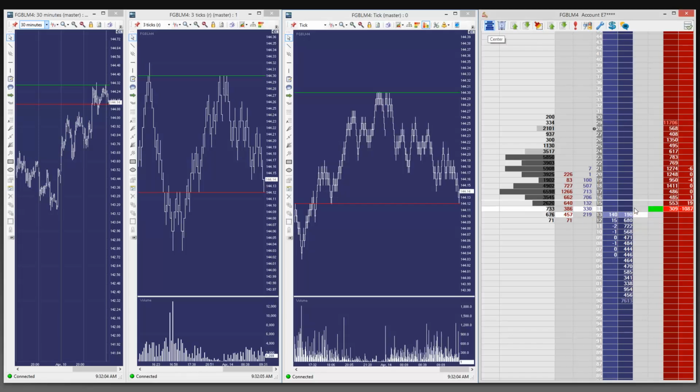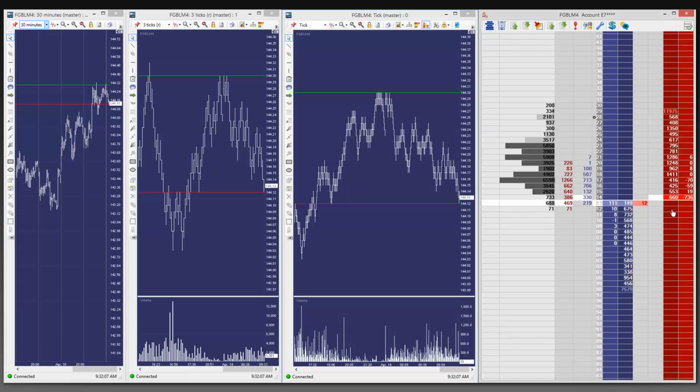Clearing. So they're pulling here. No size being traded as yet.